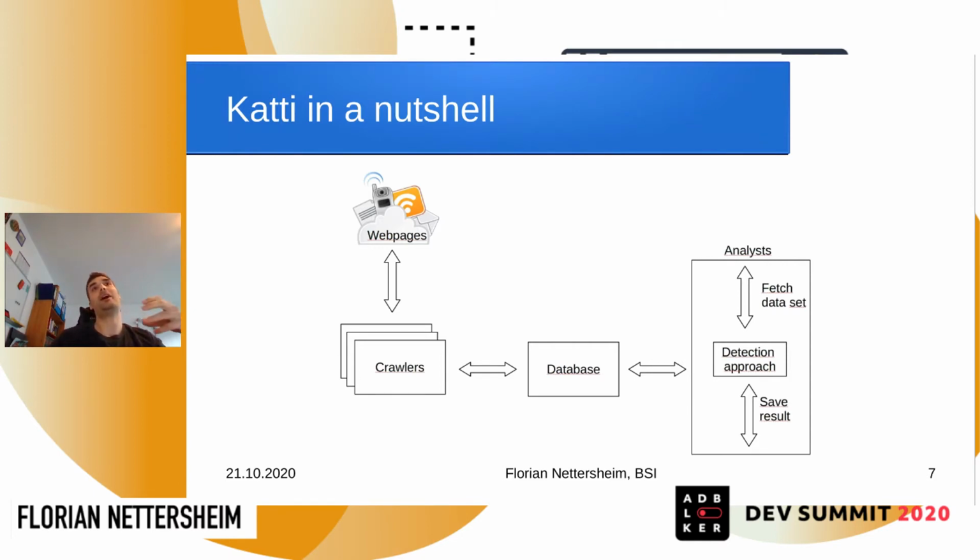One of Katti's core features is that the system is not fixed on a set of approaches. Instead, a framework is embedded which allows you to add further analysts to Katti in an easy way. In the context of Katti, an analyst is the implementation of a concrete approach.